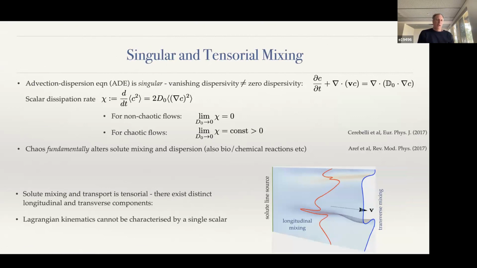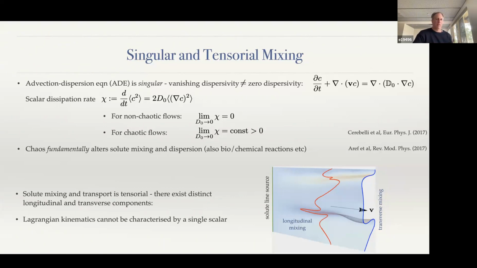We also need to account for the fact that mixing can be singular, in that in the limit of vanishing dispersivity, this is not the same as having a 0 dispersivity case. For example, if we consider the advection diffusion equation and we look at the scalar dissipation rate, if that flow is chaotic, then the limit of vanishing dispersivity still gives, even if that dispersivity is arbitrarily small, a rate of mixing that is still non-zero.